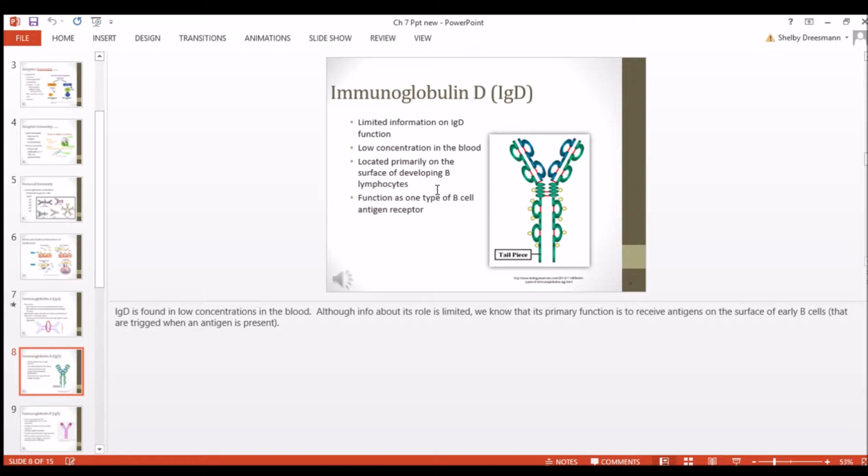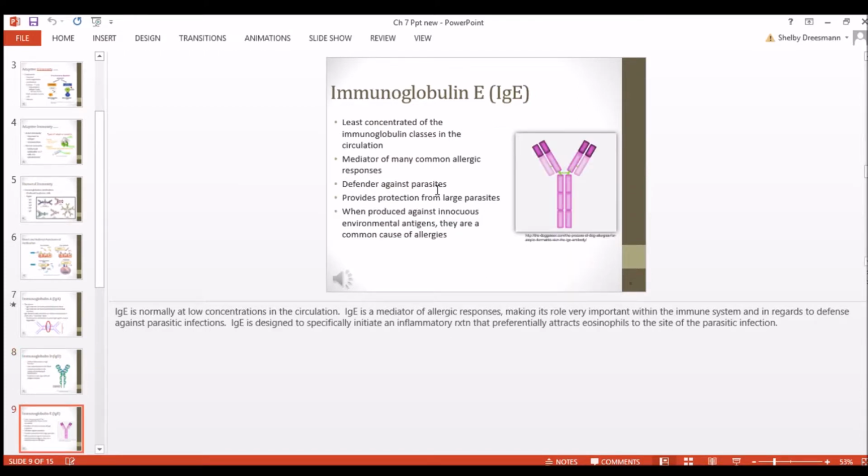IgD, I like to call this one IG dummy because we really don't know what's going on here. It's low in concentrations and we really are unsure because info about its role is limited, but we know it attaches to early B cells.